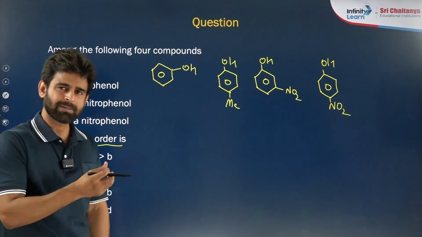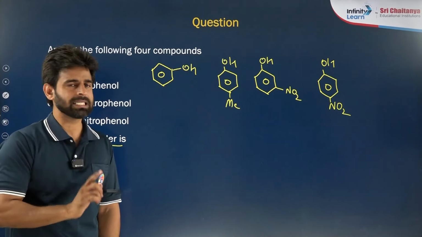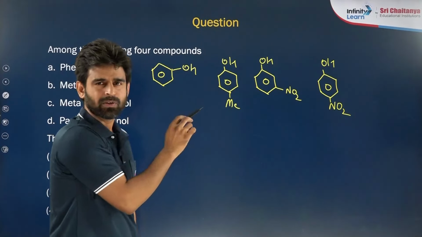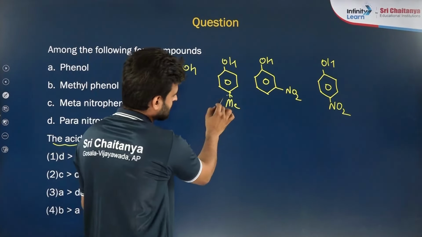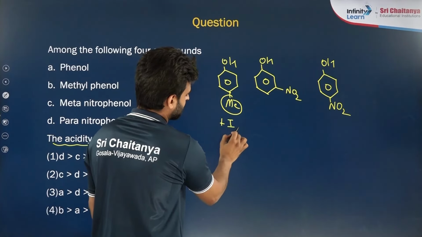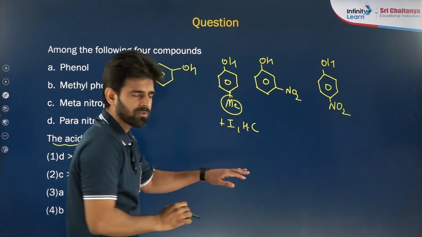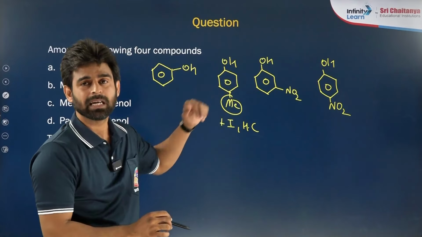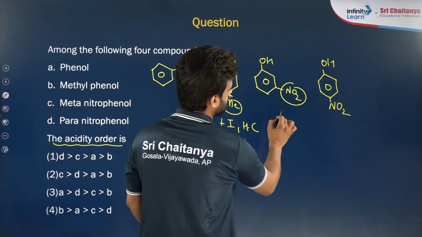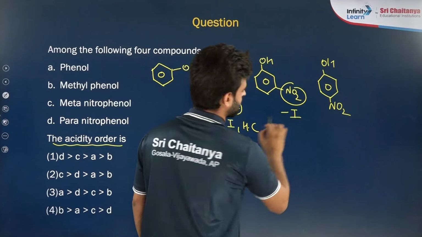Again, almost the same type of question, but one thing, as I said, in this case there is nothing donating or withdrawing. In this case, I have high plus I as well as hyperconjugation. So both of these effects will give electrons to the phenol part or OH part. In this case, NO2, only minus I will work.